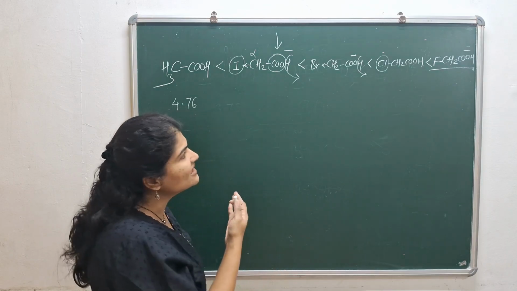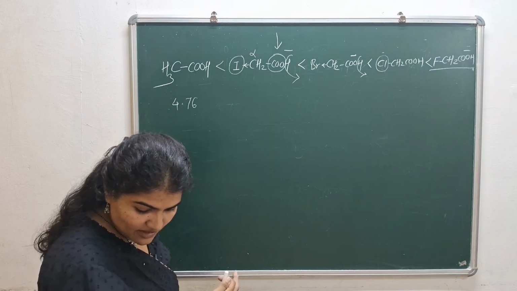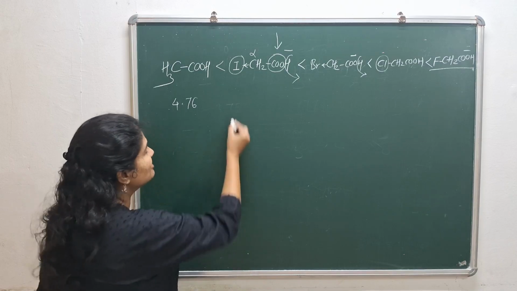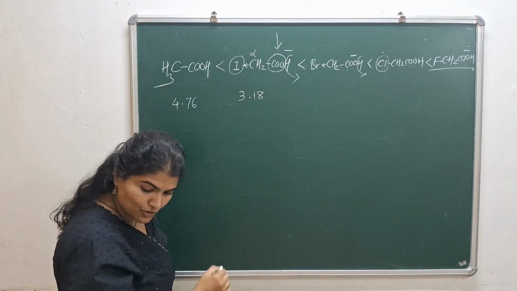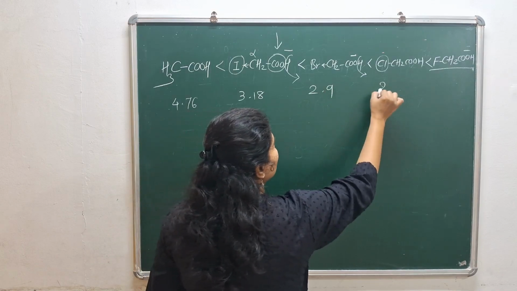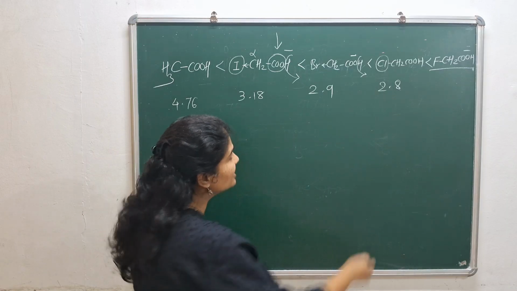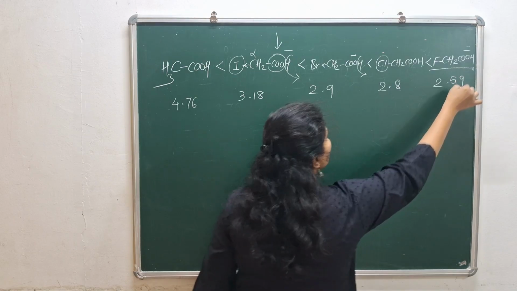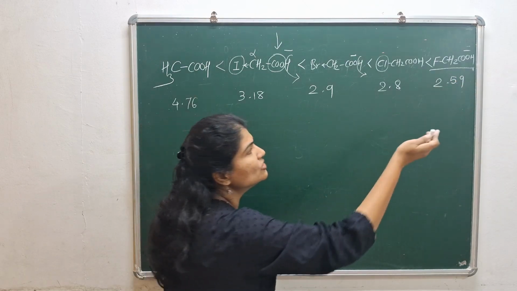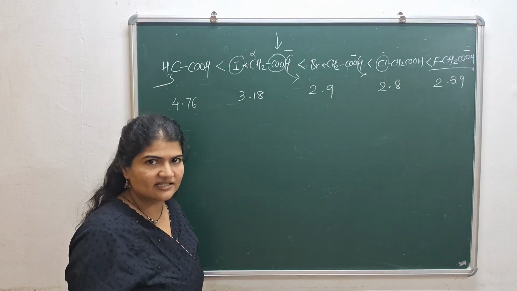Now as we compare the values of pKa also, we can see that the values actually fall like this: 3.18 for iodo, for bromo 2.9, for chloro it is 2.8 something, and for fluoro it is 2.59. So pKa values are going on decreasing, meaning the acid strength is going to increase, right?